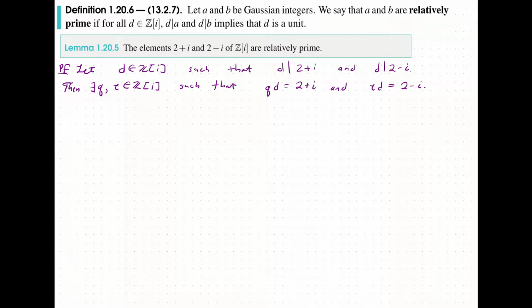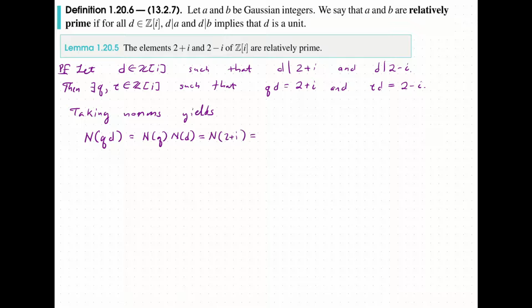So we have this here. Now, if we take norms, again we're reducing it down to the natural numbers. So we take norms of both sides, so we have the norm of qd, which equals the norm of q times the norm of d, which is equal to the norm of 2 plus i.